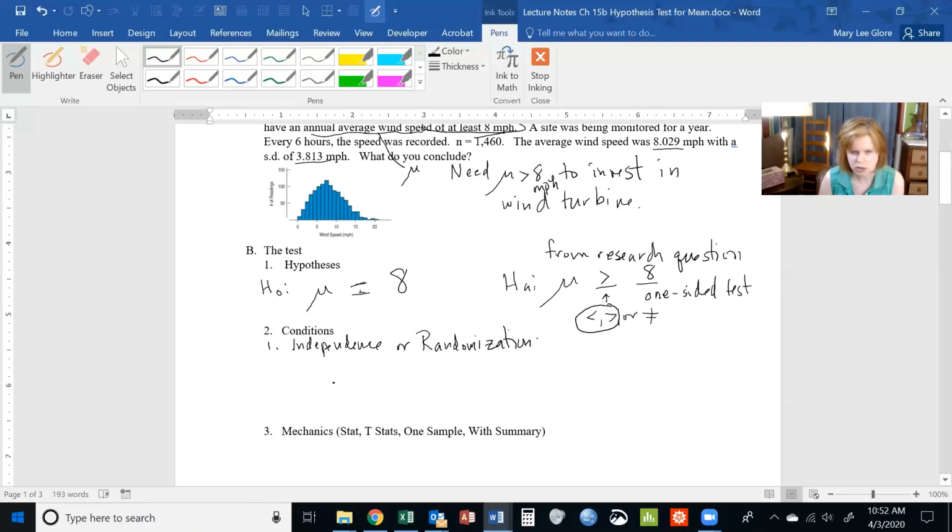The point of this condition is that I need independent observations that I believe represent the population.